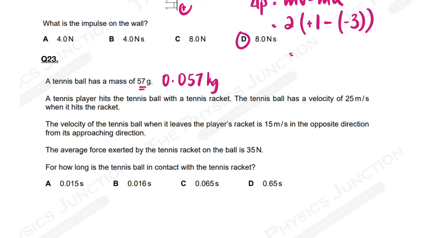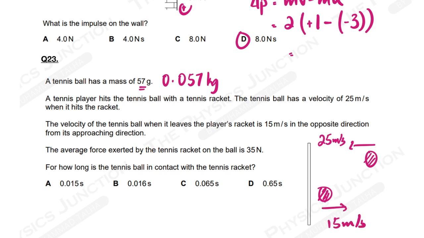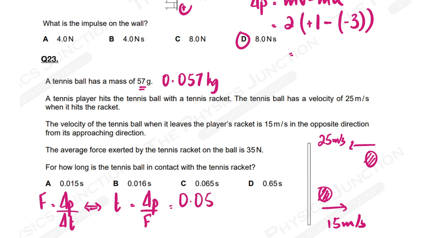Again, if you feel like you need to make a diagram, initially this ball is coming in and it has a speed of 25 meters per second like this. When it leaves, it has a speed of 15 meters per second, and you need to find the time. So since force is rate of change of momentum, the time would be the change in momentum over force. So change in momentum is mv minus mu. Mass is given 0.057.